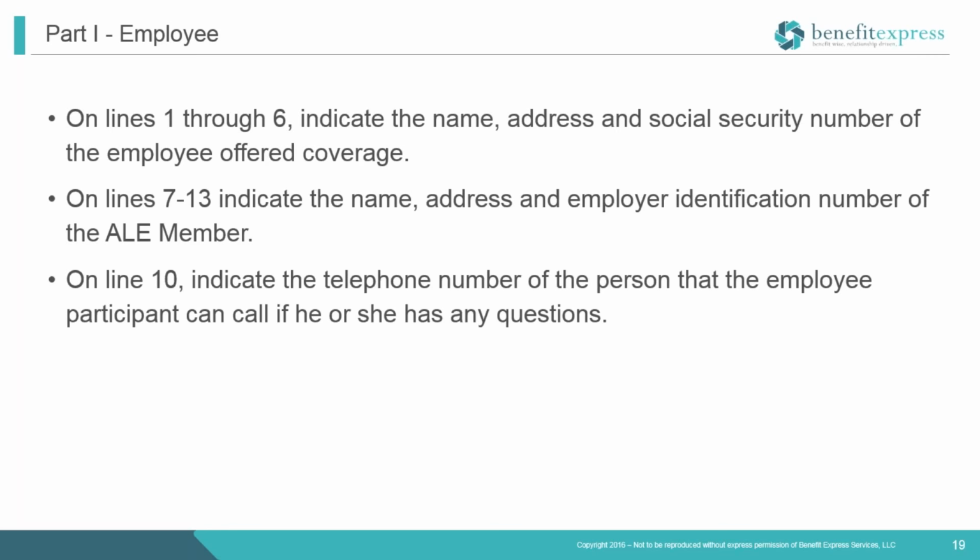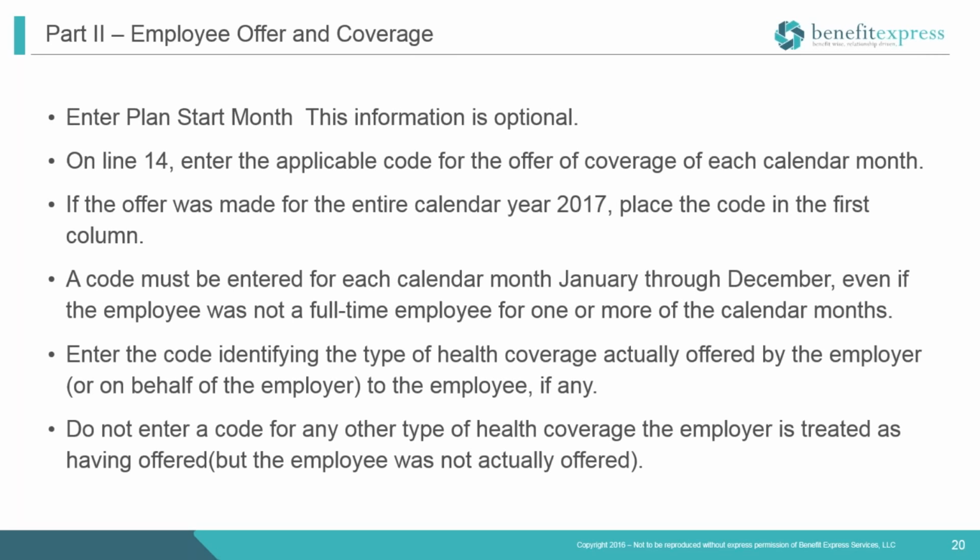Let's go on to the next form. So here, enter the plan start date, that's optional. And line 14 is the applicable code for the offer of coverage. If the offer was made for the entire calendar year, you place it in the first column.